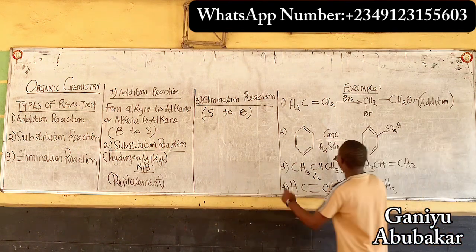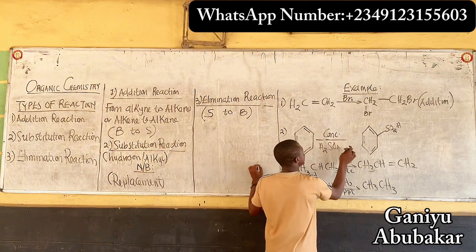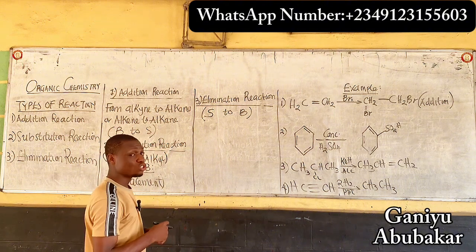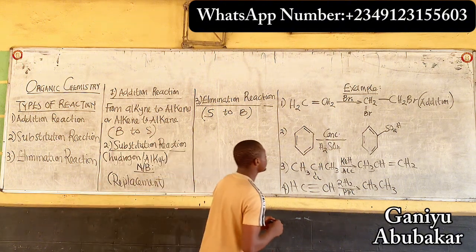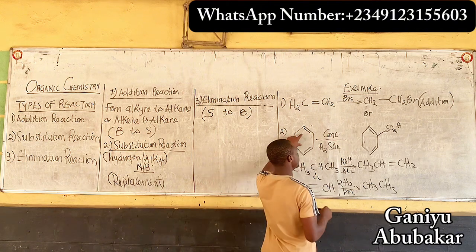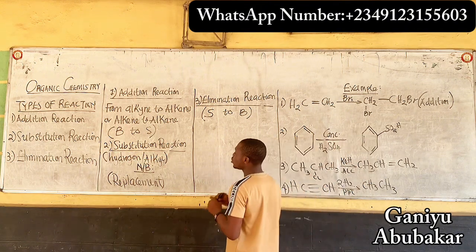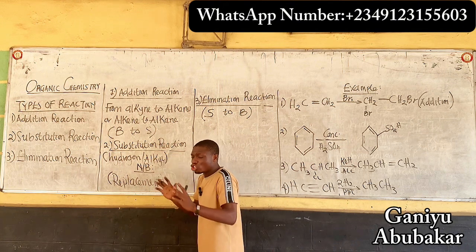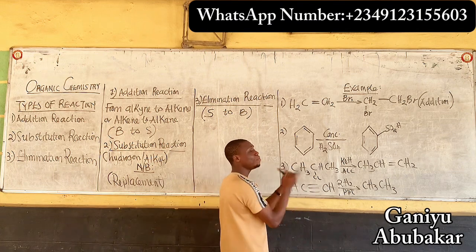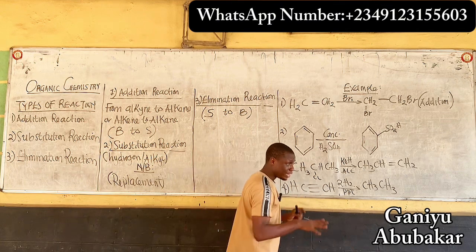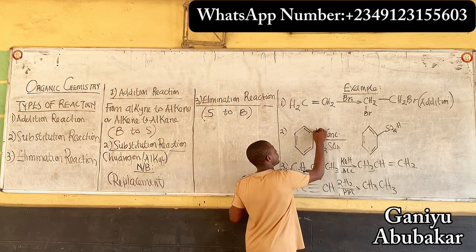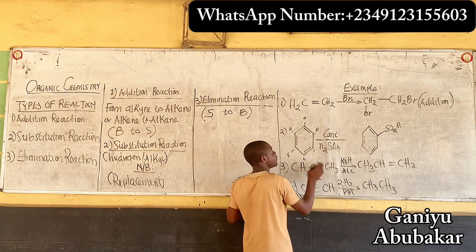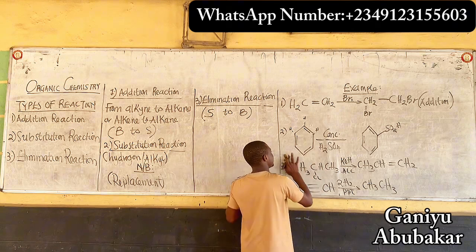This one here, observe, is it addition, substitution, or elimination? It's easy to know. How? First, this structure remains the same. And I said whenever a structure remains the same, the concept is substitution. The structure remains the same, but there will be a replacement. Normally, this is meant to be hydrogen, hydrogen, hydrogen, hydrogen, hydrogen, but to save time and stress, I don't put it.